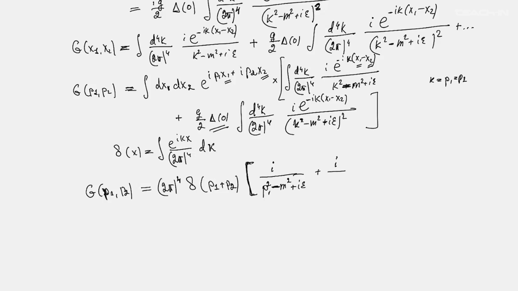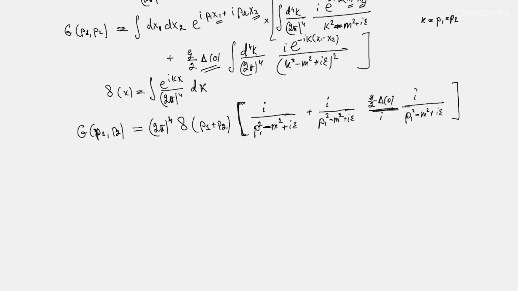And then I write it in the following suggestive way for the future: another propagator, i over p1 squared minus m squared plus i epsilon. So this is what you get for the Green's function in the momentum space, up to leading order in perturbation theory.